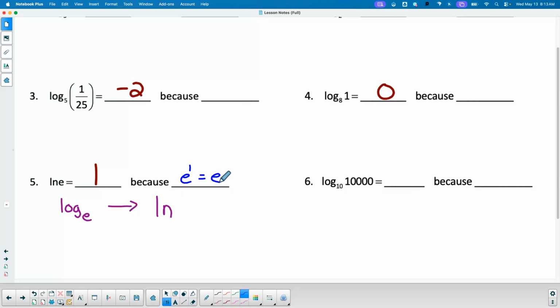One more thing I wanted to say too. This is not I-N. This is a lowercase L N. It's the one and only time you won't see me draw my lowercase L's in cursive, because that's not how it goes.